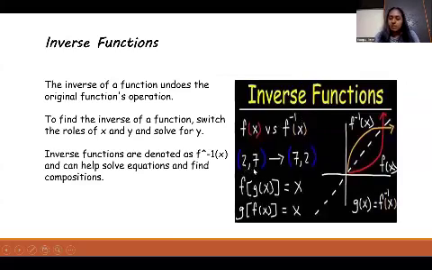F of x is (2,7). F inverse of x is (7,2). Here, f of x goes from downwards to upwards. F inverse of x goes from upwards to downwards. So it meets at a point.